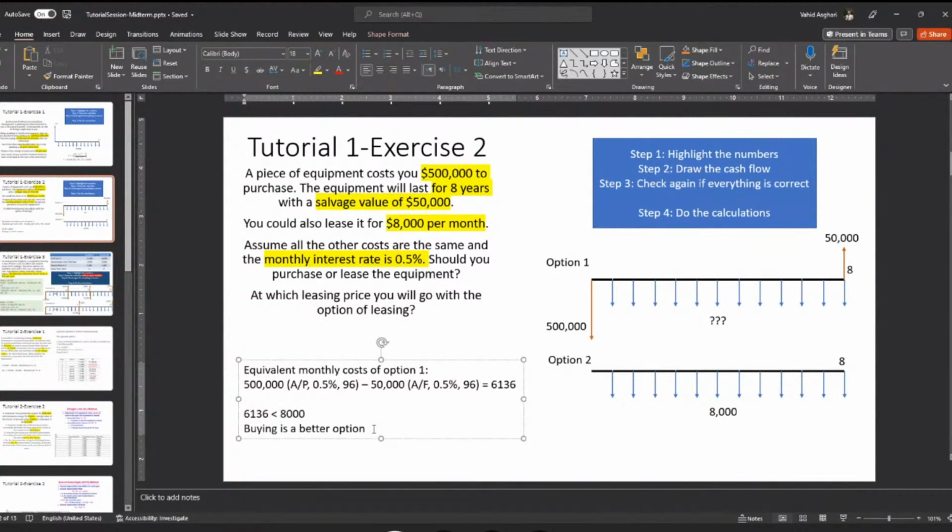But if you lease it, it will be about $8,000. So the remainder of the question is at which leasing price you will go with the option of leasing? Yeah, at $6,136.